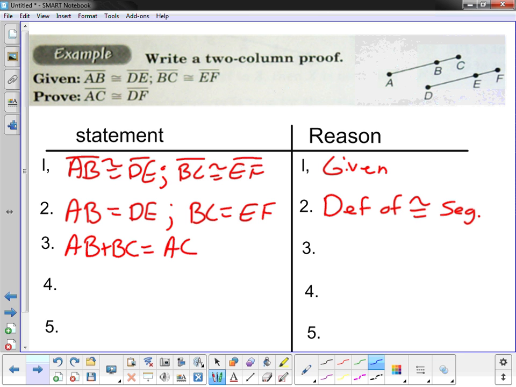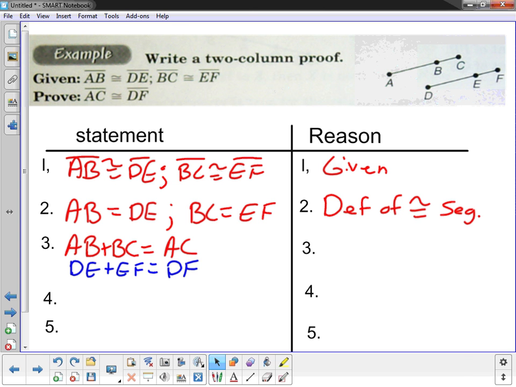And I can see that DE plus EF is equal to DF. When I look here at the pictures, I got the 2 segments listed there. So if I take the 2 smaller segments and add them up, I get the 2 bigger segments. So I have that set up like that. So that is the segment addition postulate.